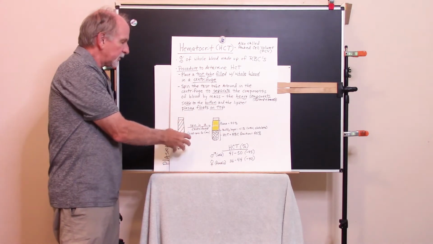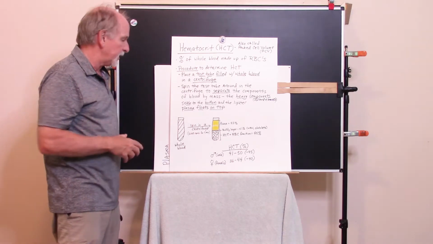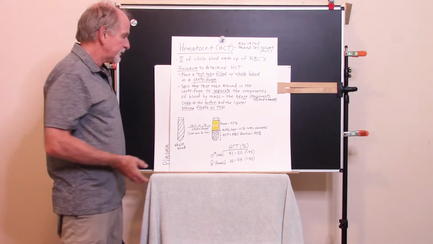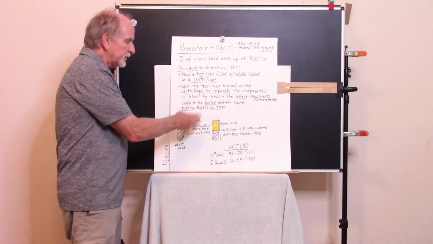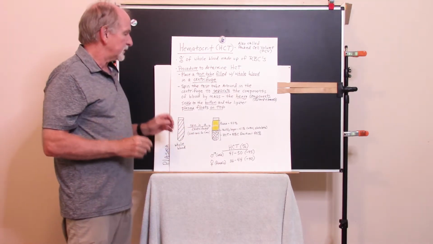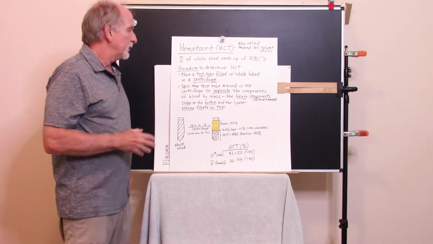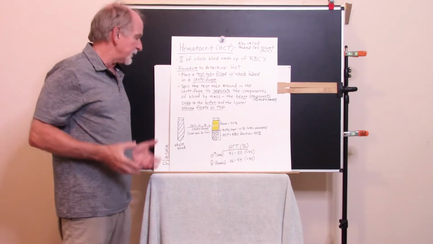So we take whole blood and spin it in a centrifuge at like 12,000 RPMs for 3 to 5 minutes. And what we end up with when we take the tube out of the centrifuge is the separation of blood components on the basis of their mass.